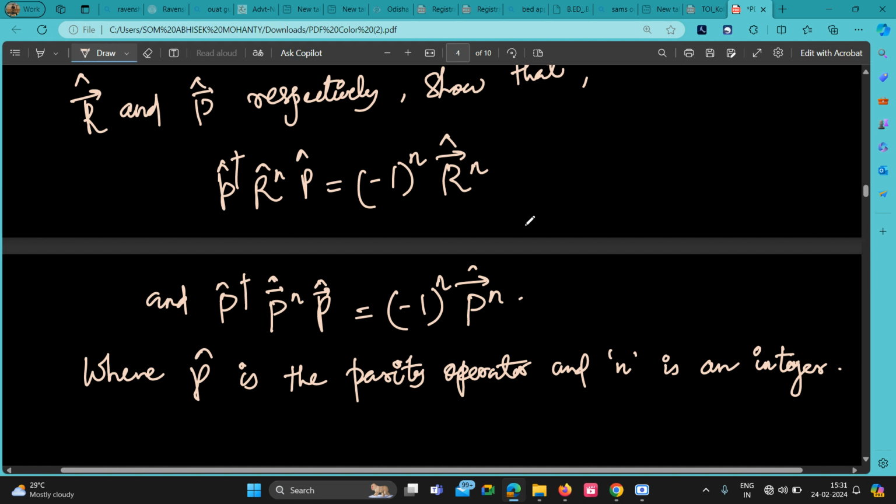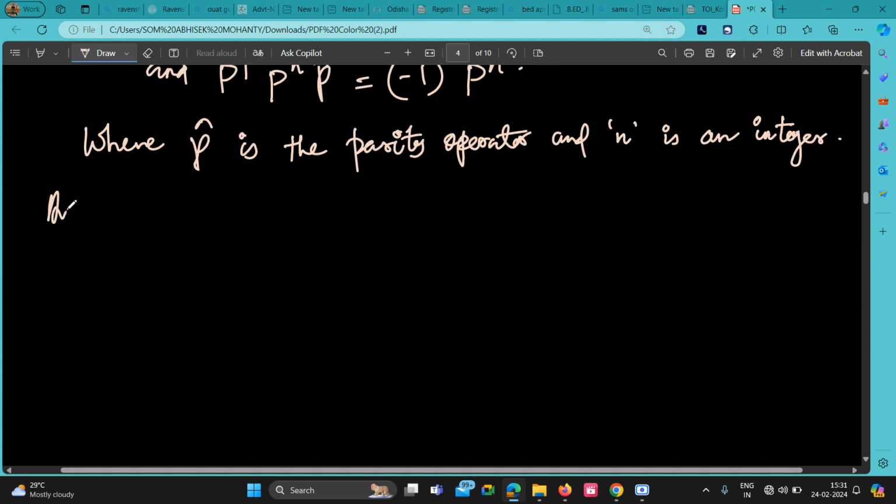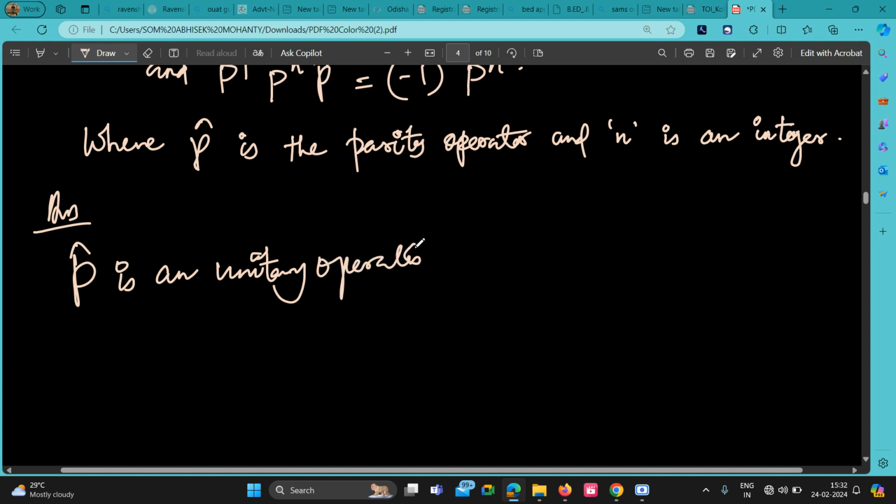Okay, so see, how will you solve it? Here we will use the fact that P is a unitary operator, right? That is, P dagger P is equal to I, where I is the unit operator.